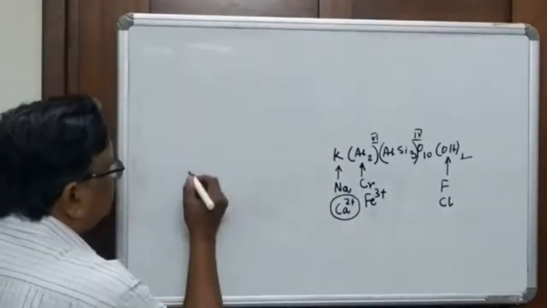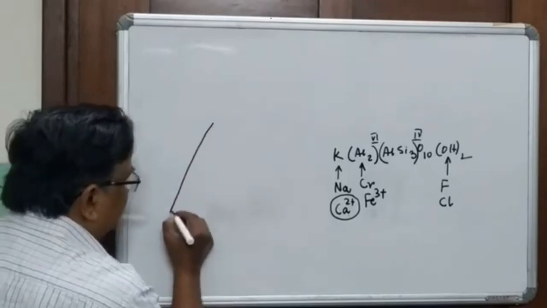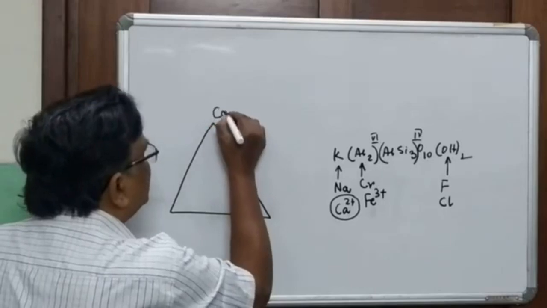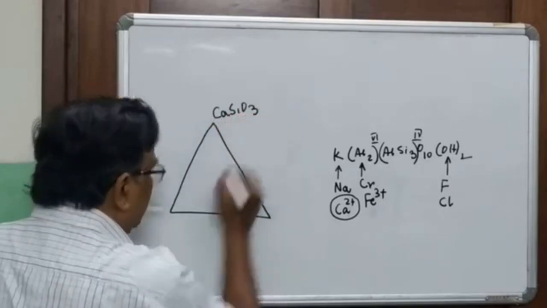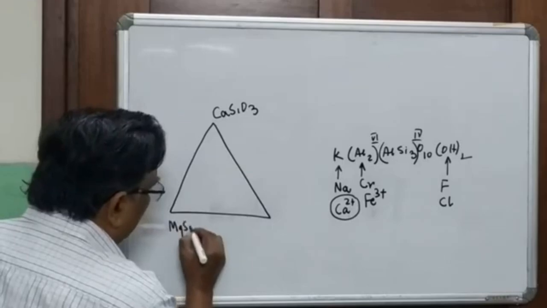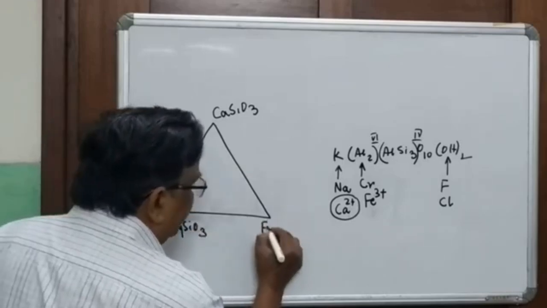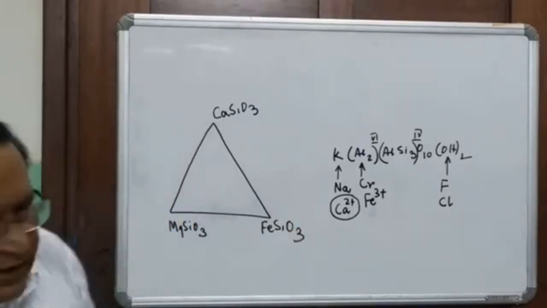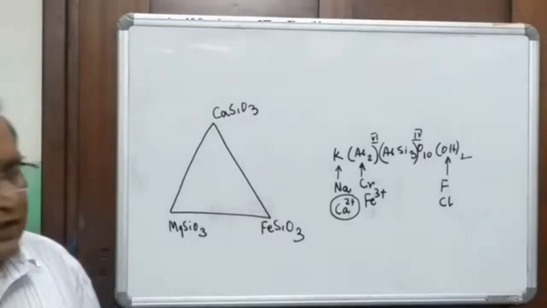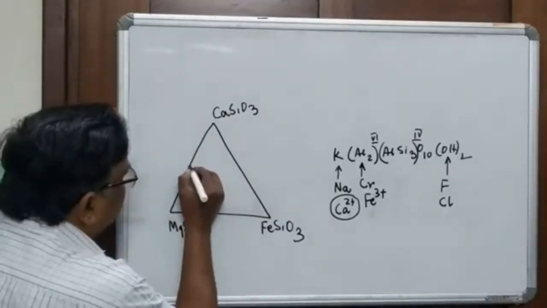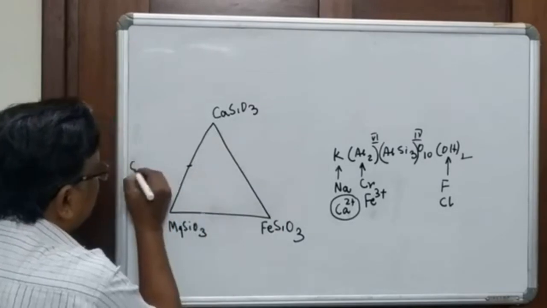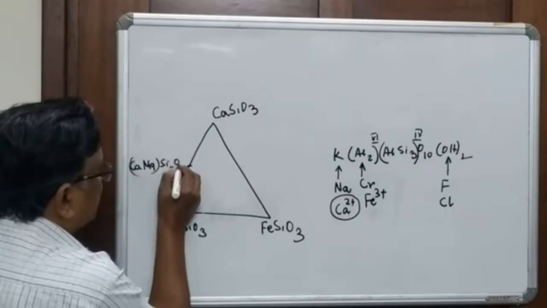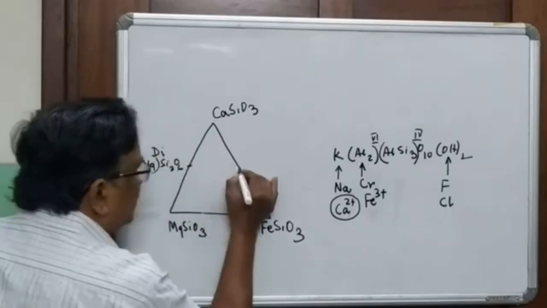Say, for example, I draw a tetrahedron. Say, for example, this is CaSiO3, this is MgSiO3, and this is FeSiO3. This is called the pyroxene-pyroxenoid triangle. And if you take the midpoint of it, which is CaMgSi2O6, this is what is diopside.